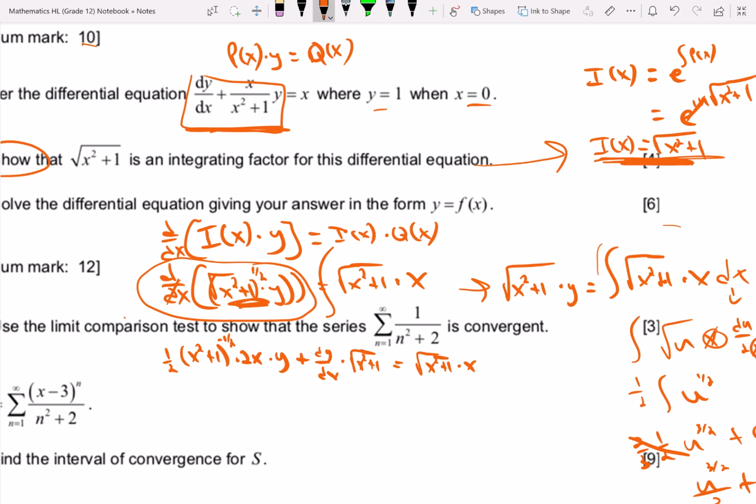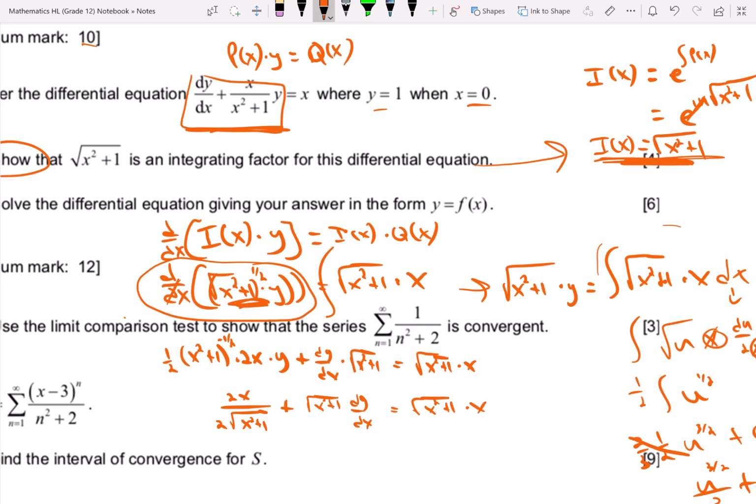Right, and so then I just need to rework this thing. If I look at this piece over here, I can rewrite this as 2x over 2 times the square root of x squared plus 1. And then this one is square root of x squared plus 1 times dy dx equals square root of x squared plus 1 times x.